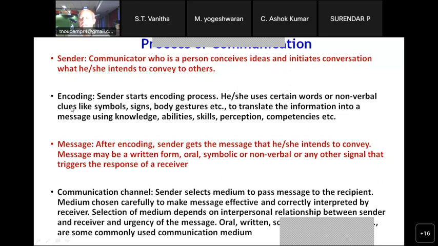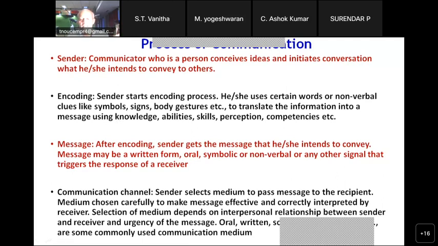And encoding, as I have told you, is when the sender starts encoding certain words or non-verbal cues like symbol, sign, body gesture, anything it may be. Now I am using the words only, not any non-verbal cue, but at the same time you can use them also to translate the information into a message.